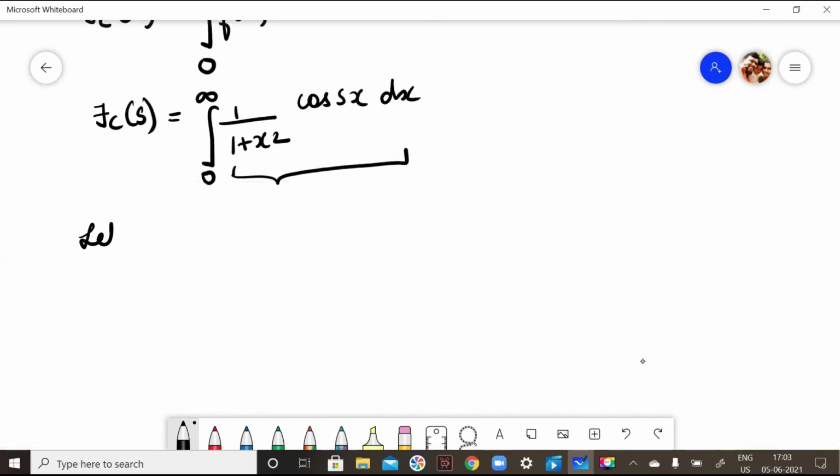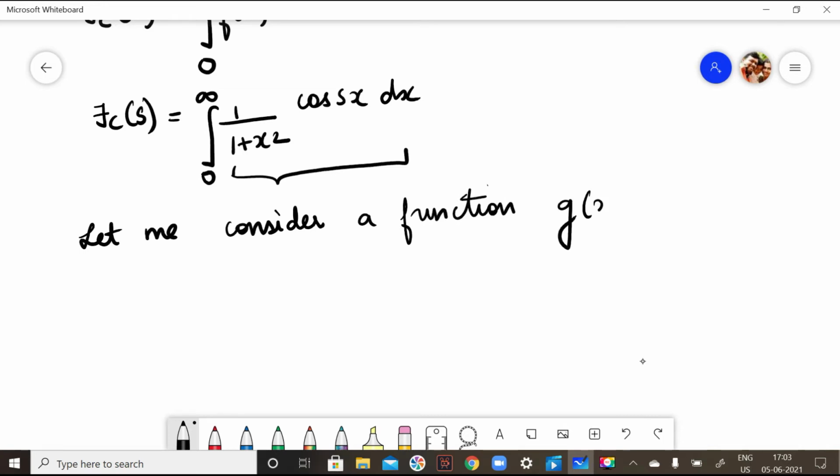So let me consider a function g of x, and let g of x be e to the power minus x. First let me find the Fourier cosine transform of this.